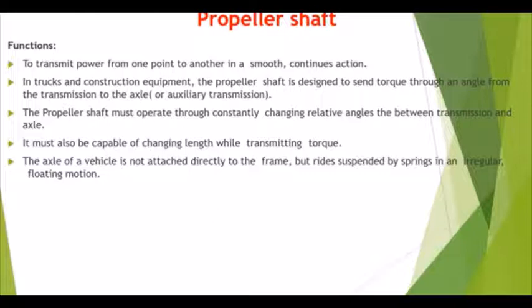The Hotchkiss drive transfers the torque of the output shaft to the differential. That is the main function of the Hotchkiss drive. When there is no wheel drive, usually the thrust present will be sent to the drive shaft.